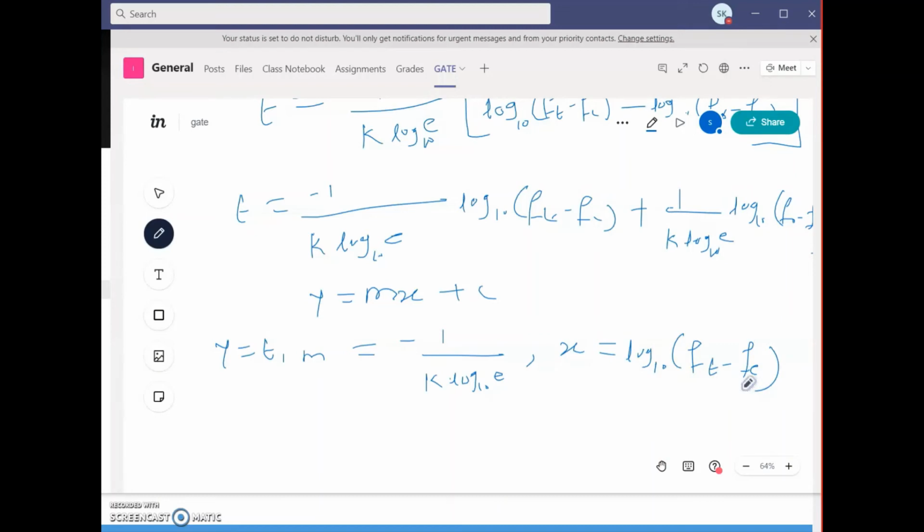Then the next and most important thing is this c. When we compare this c, we get this particular value. c is nothing but the constant, and that constant is 1 by k log e to the base 10 times log 10 of, sorry, this is not ft, this is (f0 minus fc).